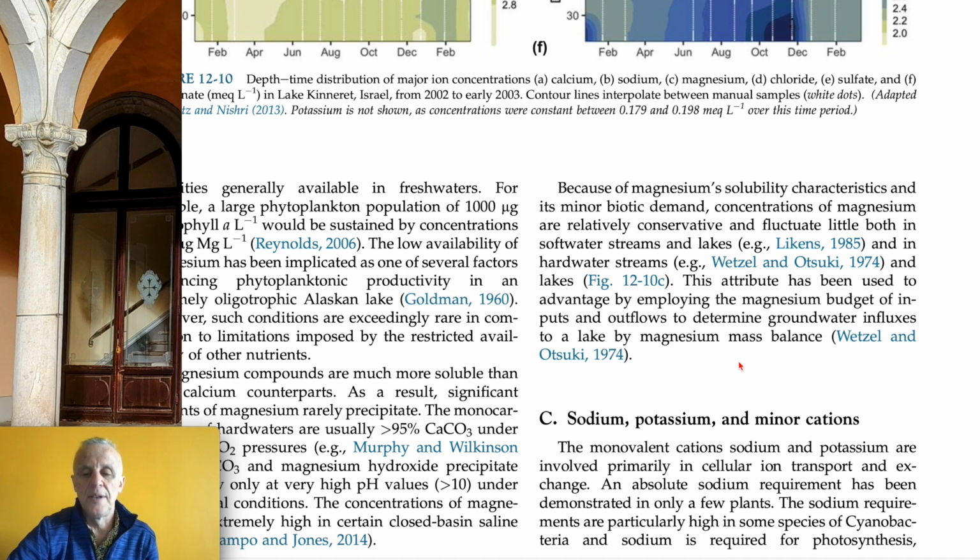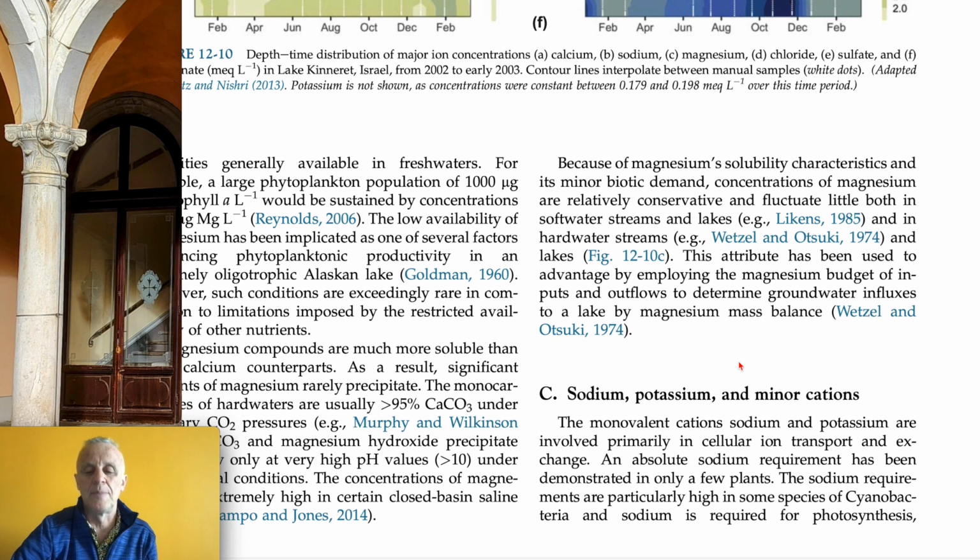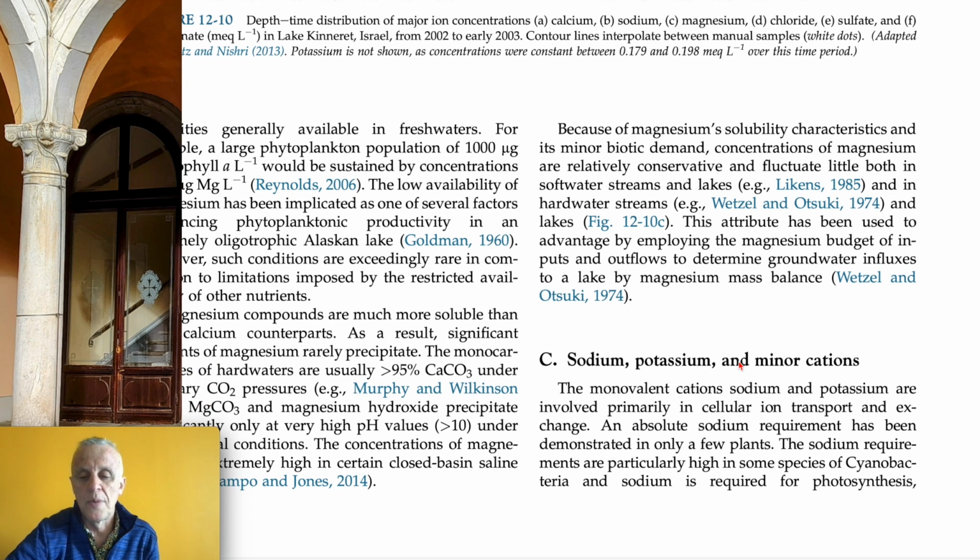This attribute has been used to advantage by employing the magnesium budget of inputs and outflows to determine groundwater influxes to a lake by magnesium mass balance. Sodium, potassium, and minor cations. The monovalent cations, sodium and potassium, are involved primarily in cellular ion transport and exchange.